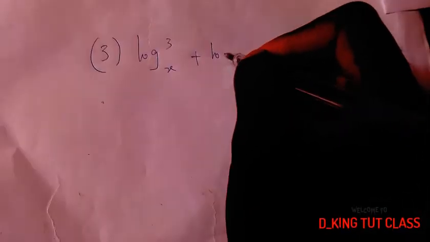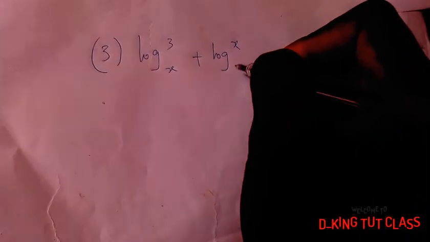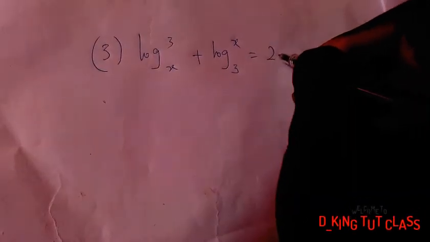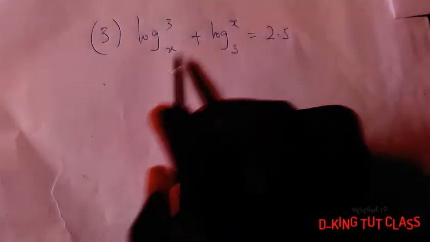Now, for number 3 question, I'm given log 3 base x plus log x base 3 equals 2.5. Now, in this case, what will I do? I have to make my base the same.